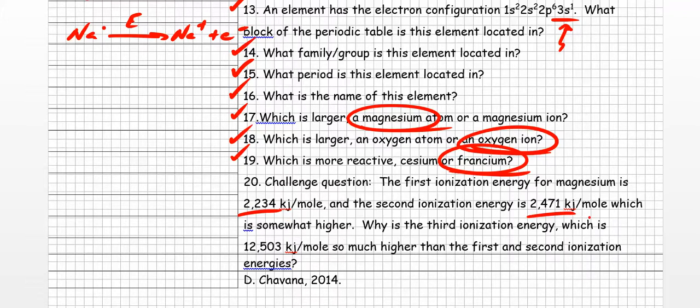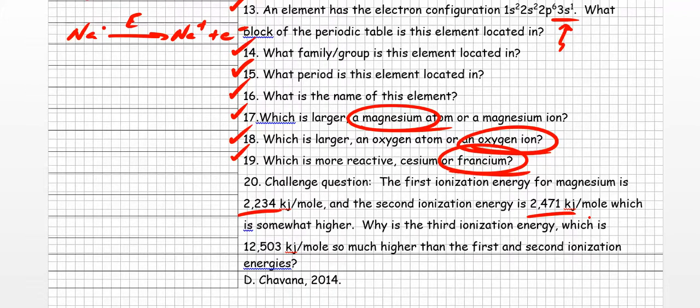But now that you've removed those 2 electrons, you've removed the outermost electrons, and you're now going to be removing electrons not from the third main energy level, but from the second main energy level. That's going to be a lot harder to do.